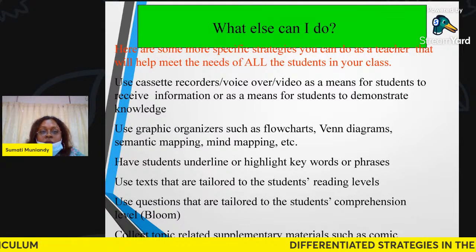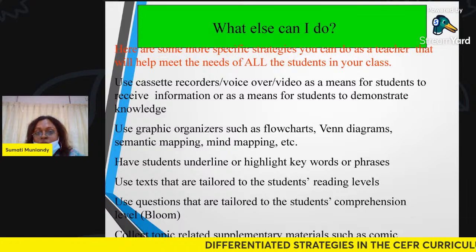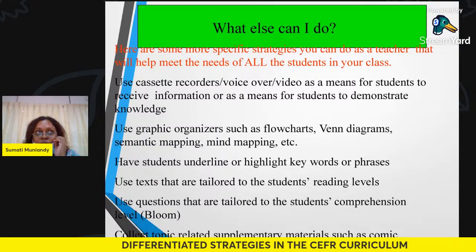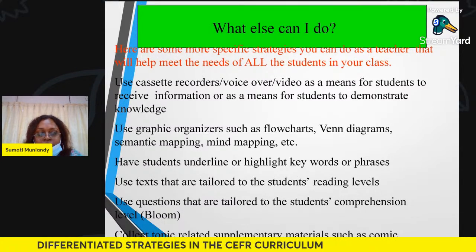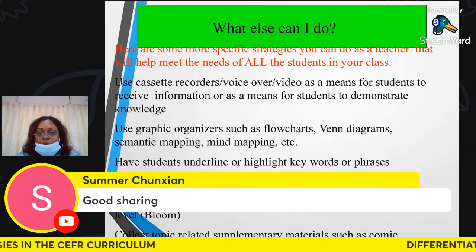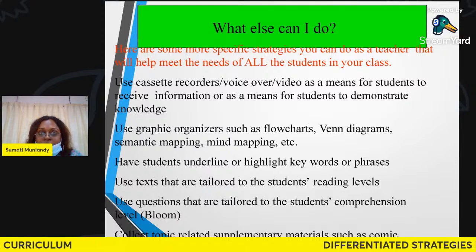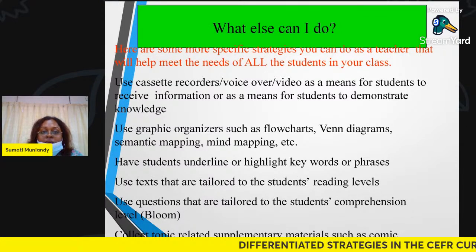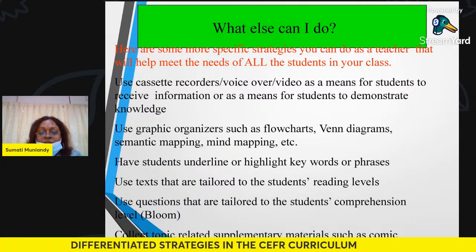Okay, and also use the Bloom's taxonomy method to ask questions. All right, if they are proficient learners, you can challenge them with a good question. If they are very weak, maybe you can test their understanding and all that. So you've got to know what Bloom's taxonomy is.